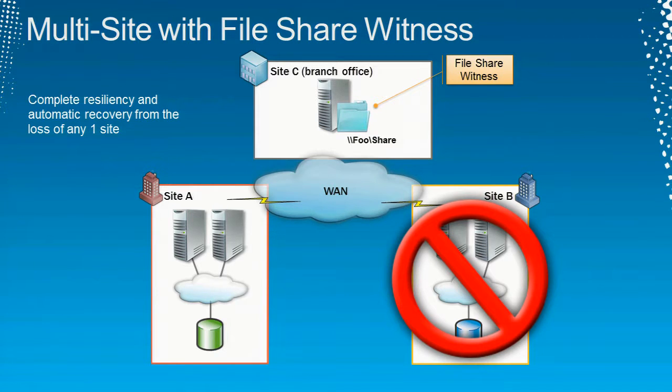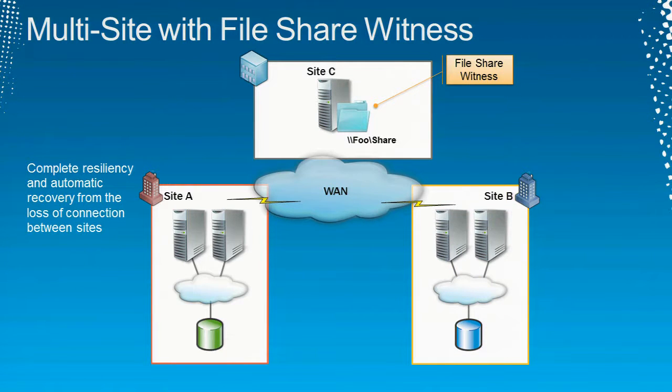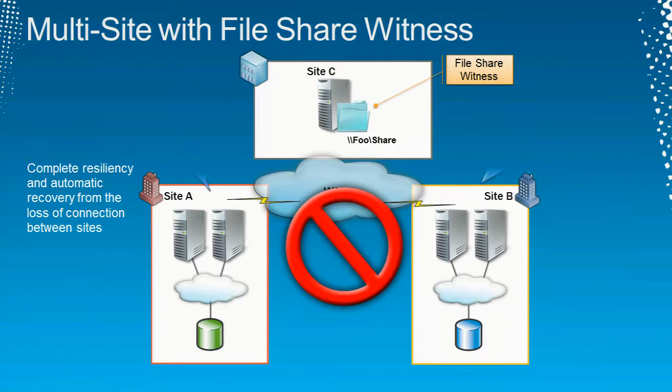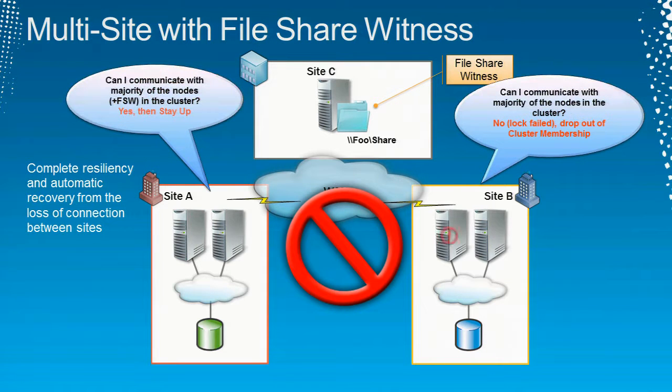By adding a 3rd witness, in this case the file share, the cluster on site A still stays up. Only site A can see the file share witness, so it will establish a quorum and will still function as a fully functional cluster. All the workloads in site B will automatically move over into site A.